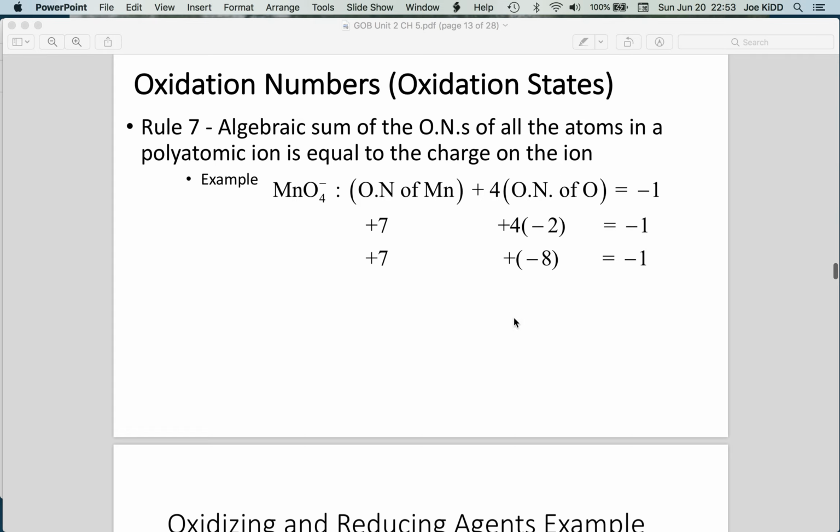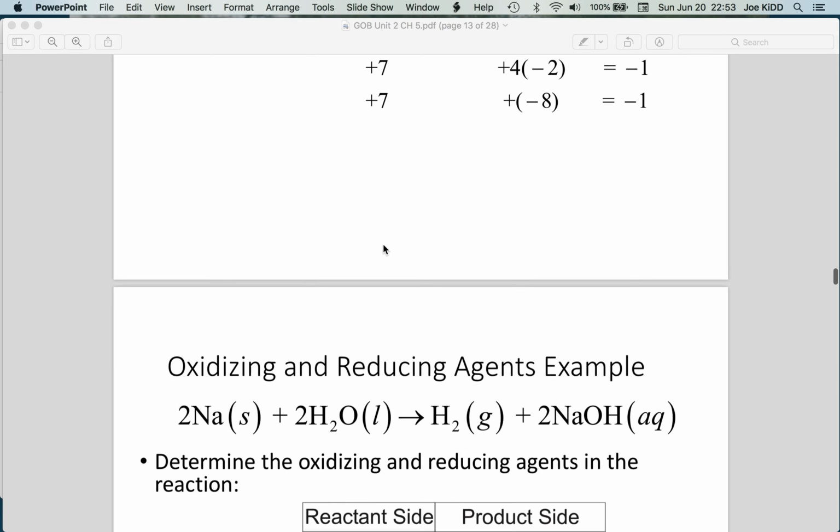So we're going to go based off of our oxygens. When we look at this, we have 4 oxygens. Each oxygen would be a -2 for a total of -8. But we have a minus charge here, right? This is a polyatomic anion, right? So it needs to be -1. So if I have -8 and it needs to be an overall sum of -1, my manganese must be +7.